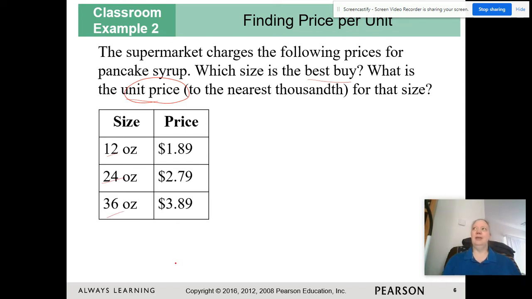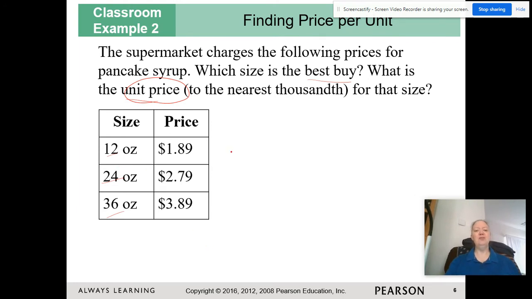So if you see a 12-ounce can of tomatoes for a certain price, and then there's a 20-ounce can of tomatoes for a different price, and you're trying to figure out which is more economical, more bang for your buck, you would compare the unit price, because just the price itself won't tell you if you're getting the best deal.